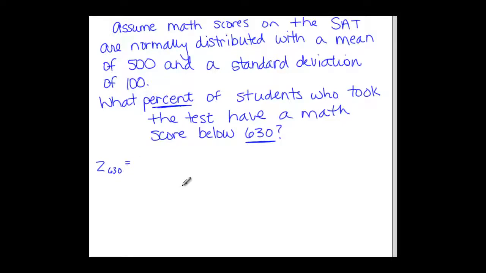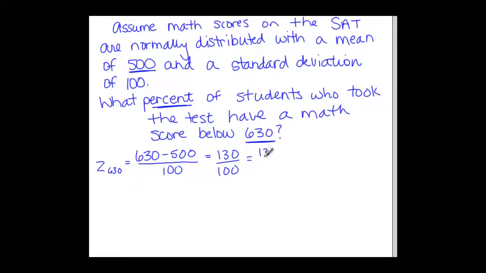Remember before when we found that the formula is the piece of data, so 630 minus the mean, which was given in the problem, 500, divided by the standard deviation, and that was also given to us in the problem. Standard deviation was 100. So 630 minus 500 would be 130 divided by 100.